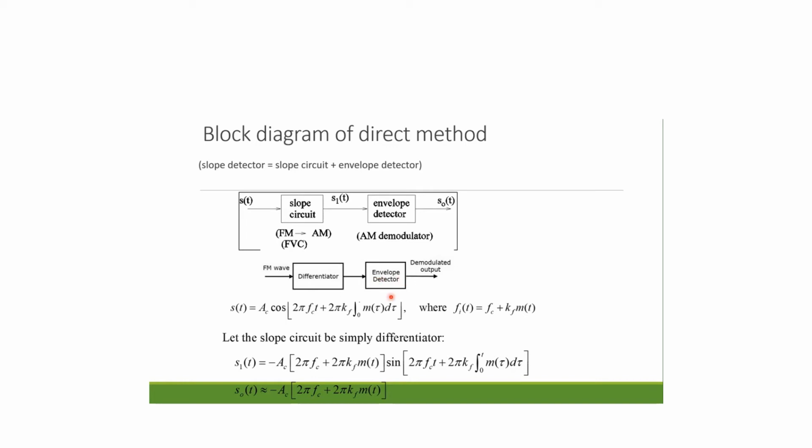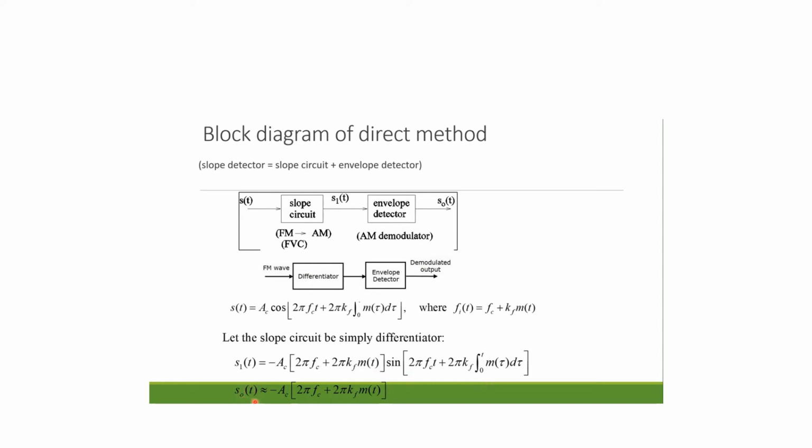Now we will pass this differentiator output to an envelope detector. Envelope detector will detect the envelope of the input. So this is the input signal, and envelope of this input means the amplitude or magnitude of the sine is this term. So output of envelope detector will be this term, which is actually the magnitude of this sine expression.